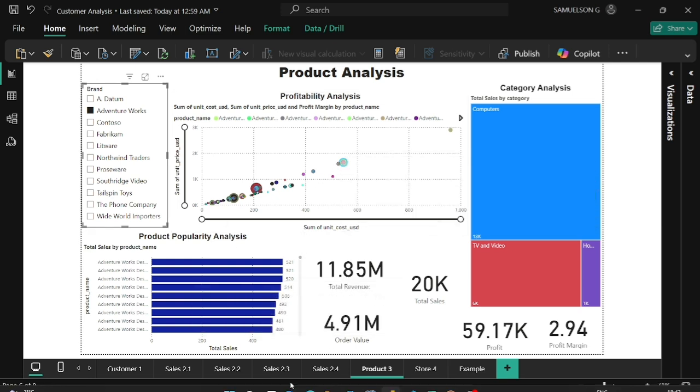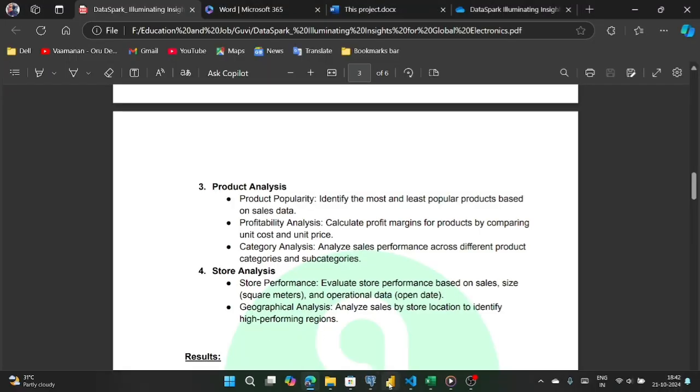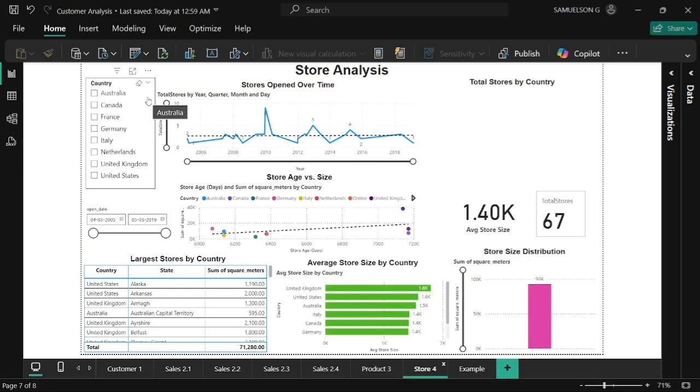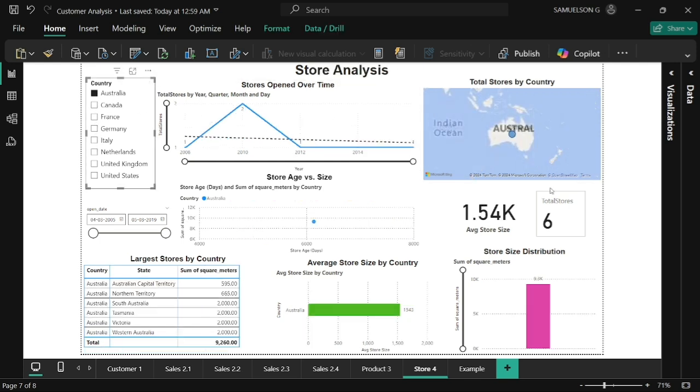Store analysis. Let's check store performance, like the store spaces and geographics. Let's see. In store analysis you can see country-wise. Okay, in Australia there are a total of 6 stores.